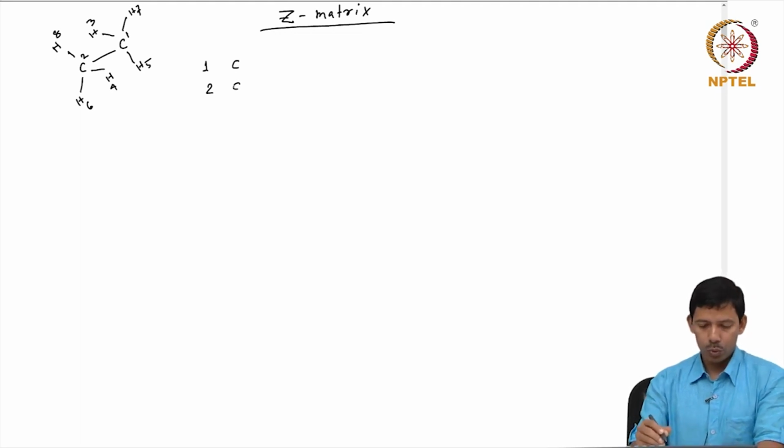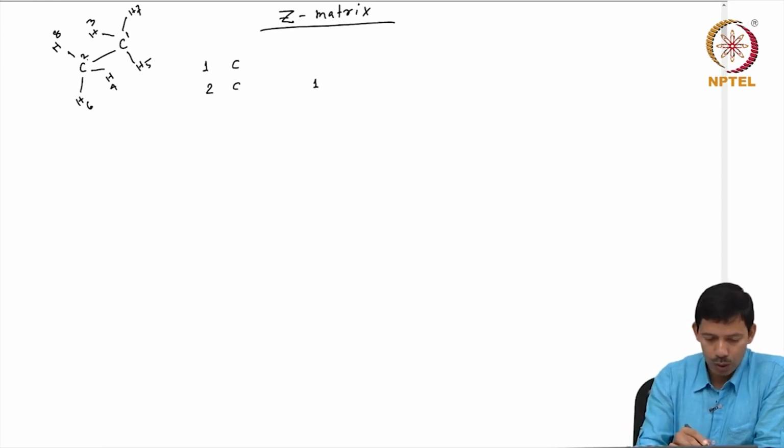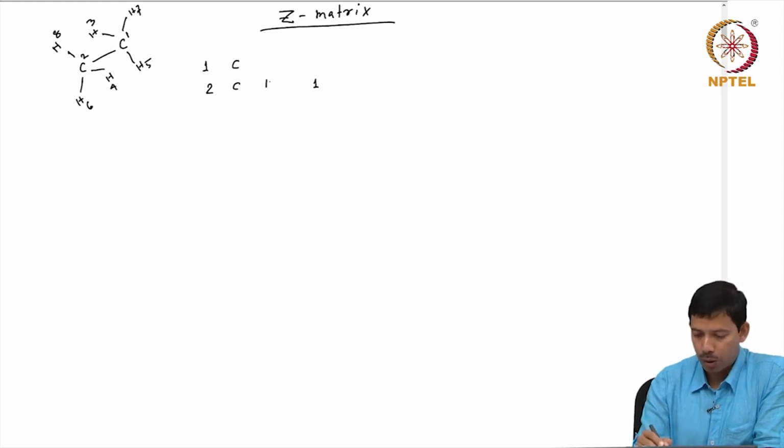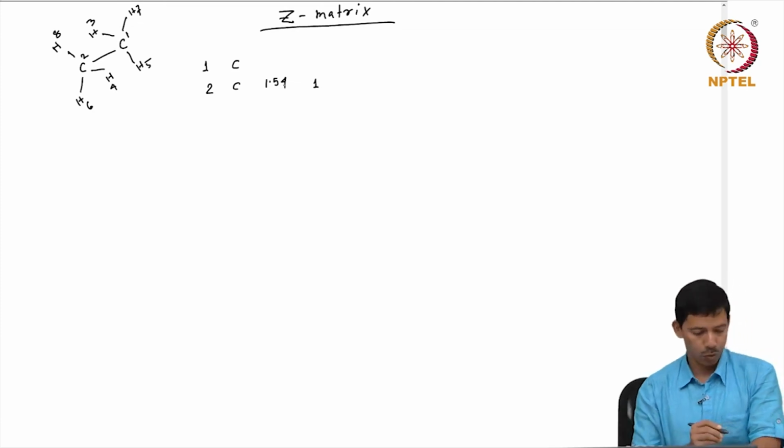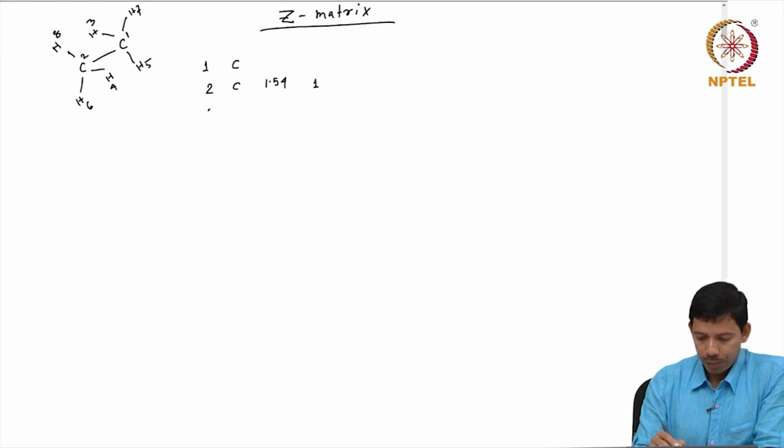Now number 2 atom is connected to number 1 atom by a bond distance of 1.54 angstrom. Now what is my atom 3?